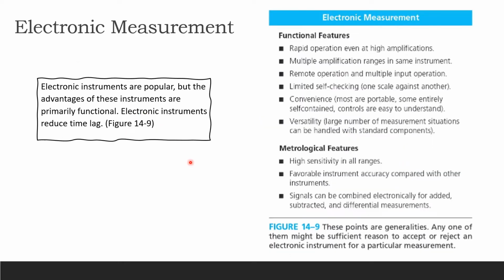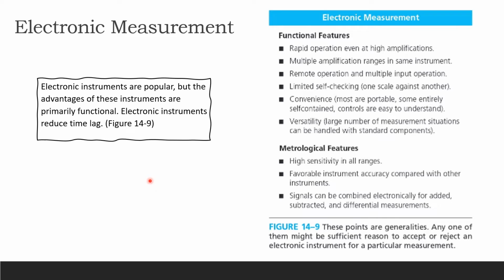Electronic measurements. Electronic measurements are very popular because the advantages of these instruments are primarily functional. Your electronic instruments reduce your time lag. So it saves a lot of time for you to do the measurement, not like the mechanical ones. I remember some students struggling to read the micrometer second scale.